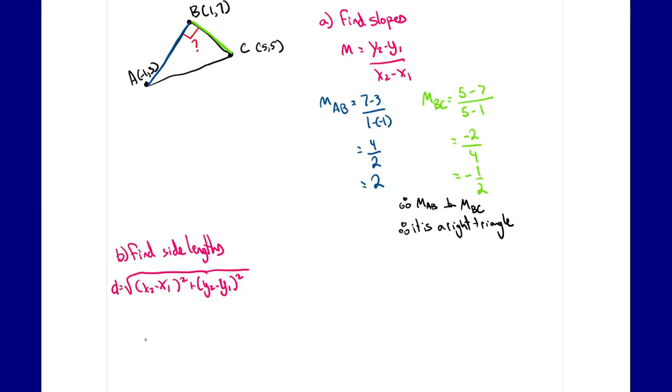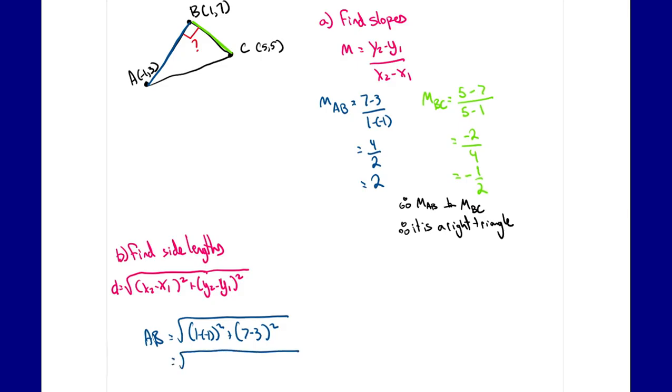So we're going to find the length of AB. The square root of 7 minus 3 squared plus, well, 7 minus 3 is the y's, so we have 1 minus negative 1 squared plus 7 minus 3 squared. And if you think about it, we could take the rise and run, the two values from what we just found, and square those, because we do get the same thing.